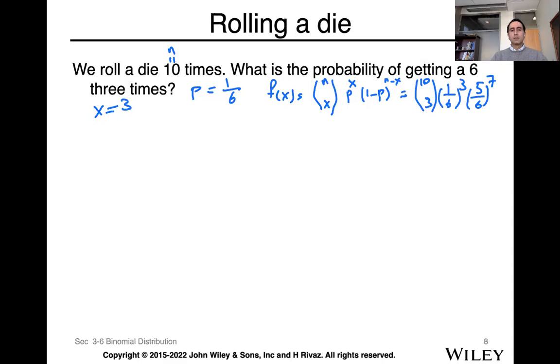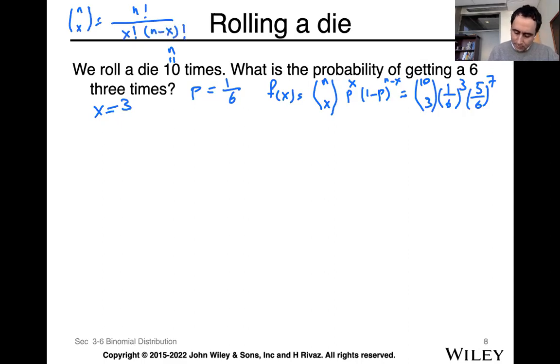Any questions? Yeah, what's the first factor in the product? Yeah, so this is a combination. Perhaps I can write it here. n choose x is equal to n factorial divided by x factorial times n minus x factorial.